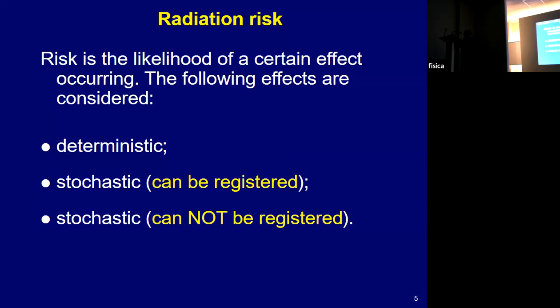Radiation causes an increase in the likelihood of such diseases that spontaneously occur without any exposure and are observed with varying frequency in large groups of people. At the same time, radiogenic diseases are indistinguishable from spontaneous ones, which makes it extremely difficult to determine the relationship between the developed disease and exposure.